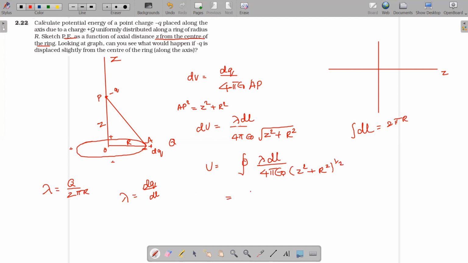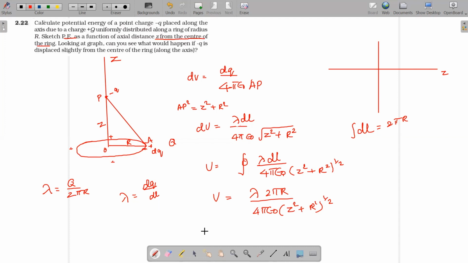We will have the formula lambda into 2 pi r divided by 4 pi epsilon naught into Z squared plus R squared to the power of half. This is the potential at the point due to this ring.